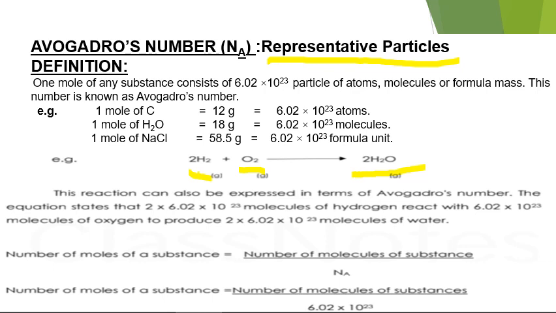Here we will say 6.02 into 10 to the power 23 multiplied by 2 molecules of hydrogen reacts with 6.02 into 10 to the power 23 molecules of oxygen to produce, here again we have the prefix 2 in 2H2O, so we will say in the product side there are 2 into 6.02 into 10 to the power 23 molecules of water.